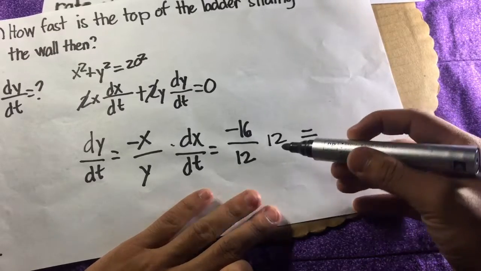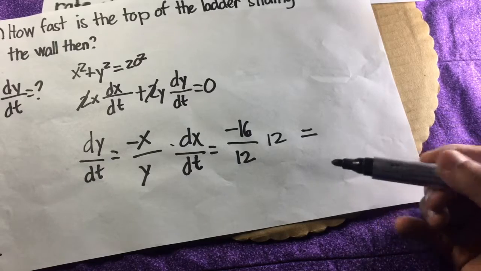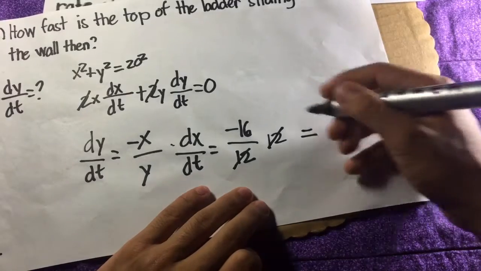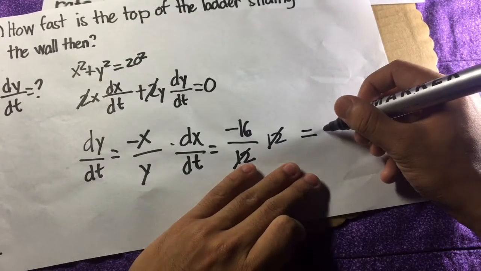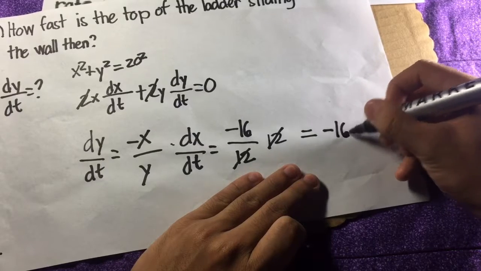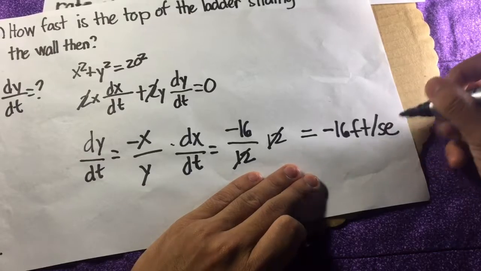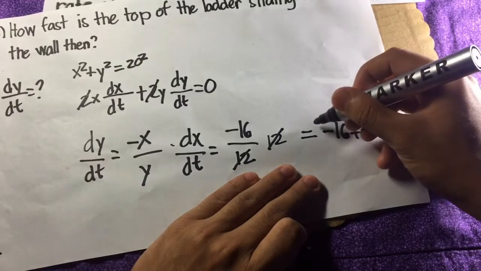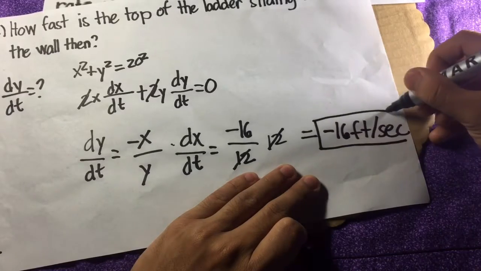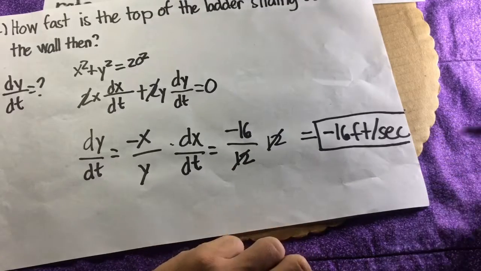Since it is multiplied, we can eliminate both of these and leave negative 16. So our answer is negative 16 feet per second. So this is our answer in letter A.